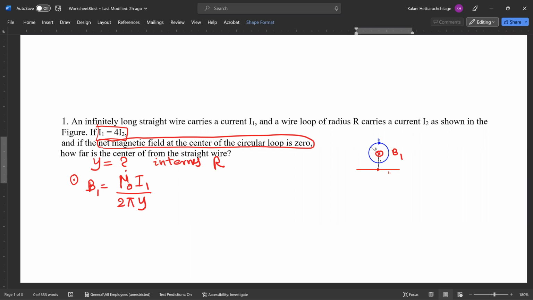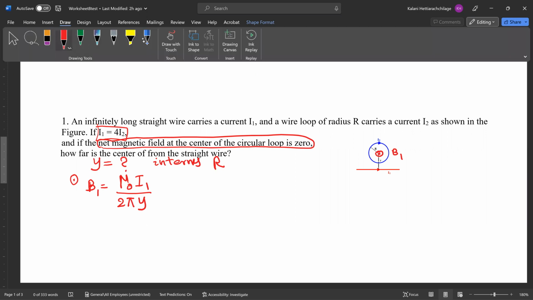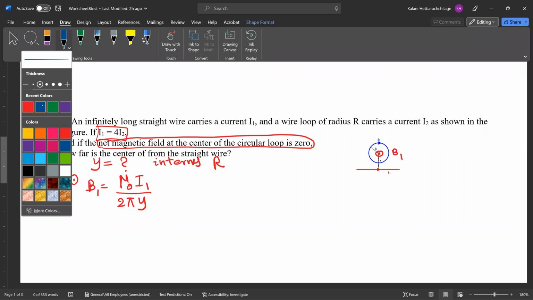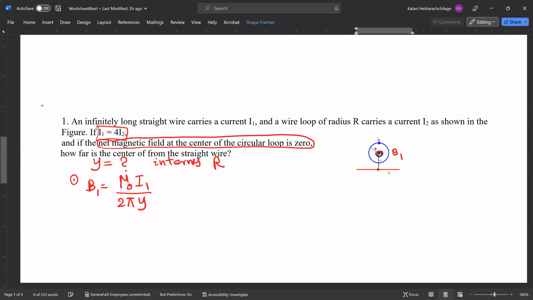Now I have the blue wire piece, which is a circular wire. It carries the current in the clockwise direction. If you grab the wire, that creates a magnetic field in the inward direction at this point. The magnetic field from the blue wire is mu naught I2 times the angle phi, divided by 4 pi r, according to the labeling.